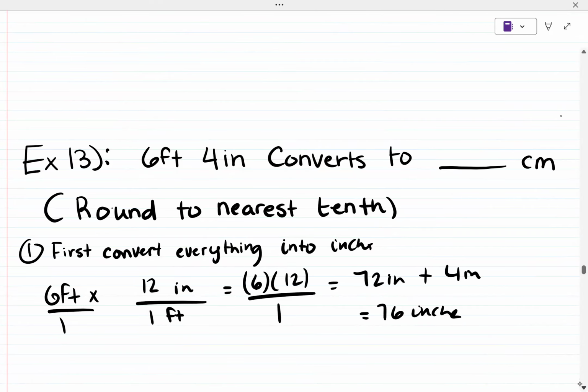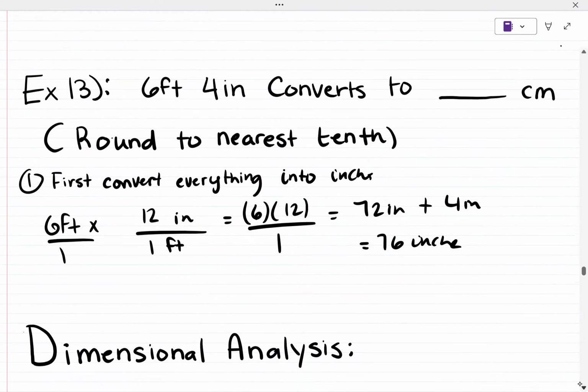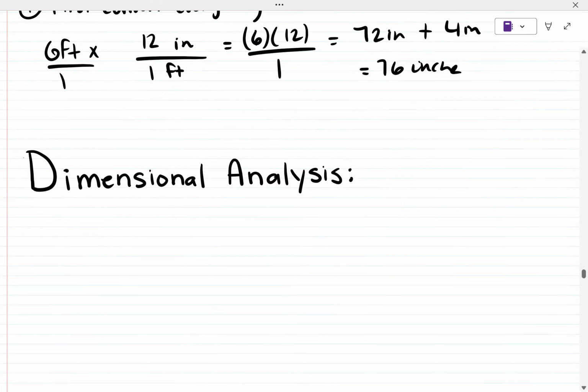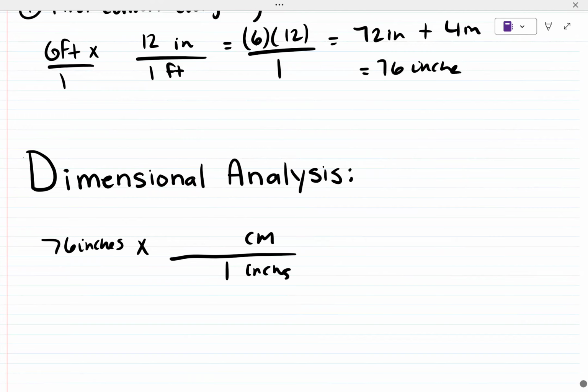Okay, now we know everything in inches, so now we can do dimensional analysis. So 76 inches times a fraction, and then inch on the bottom, centimeters on the top. For 1 inch, there is 2.54 centimeters.